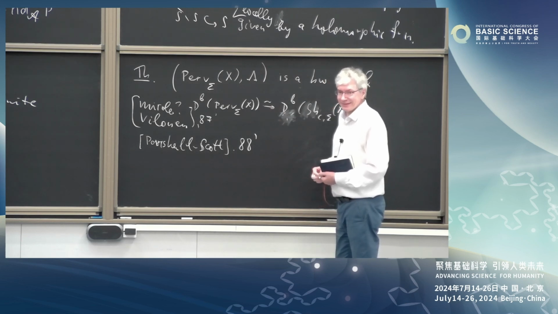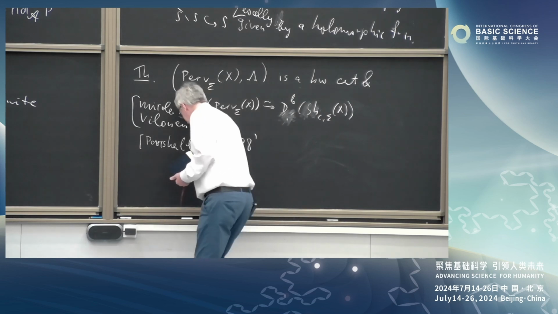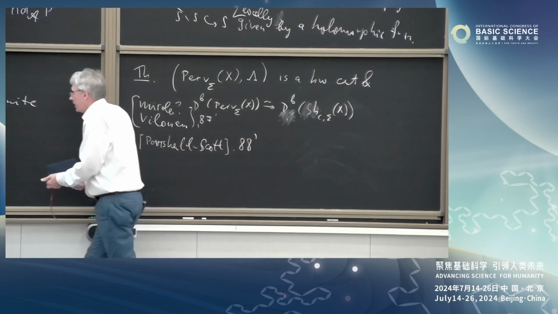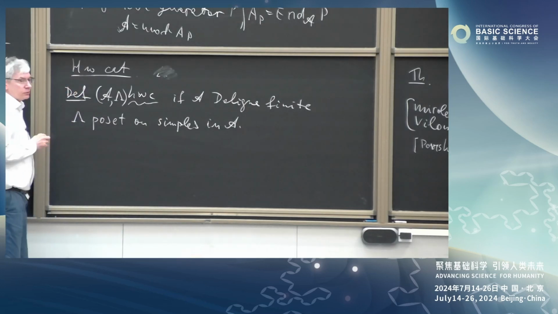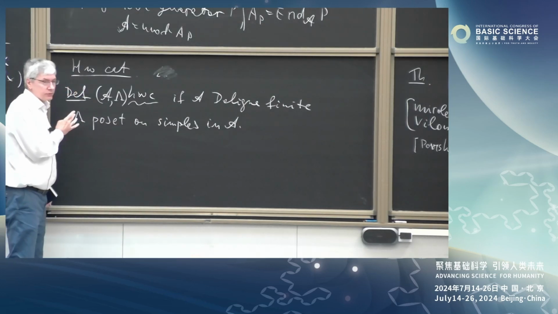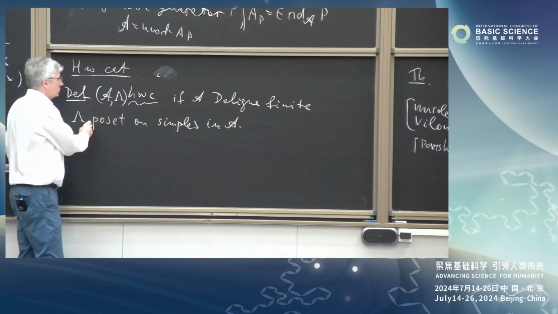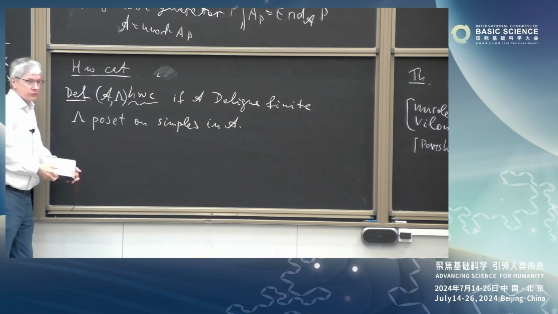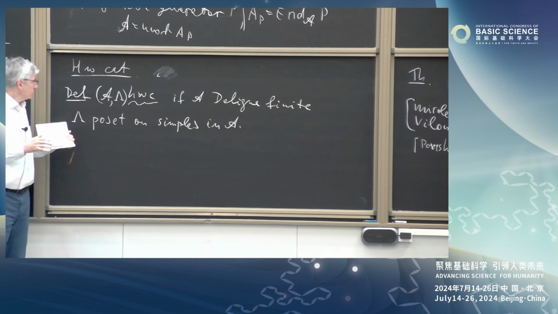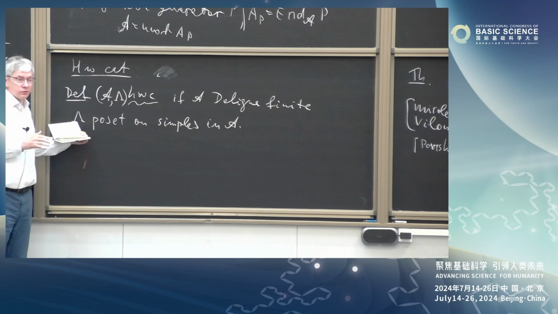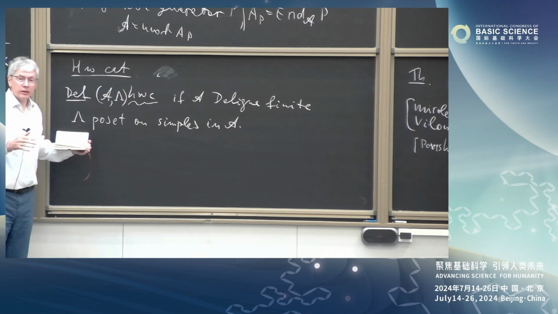And I announced the title of my talk is about highest weight categories. But a highest weight category is not about just an abelian category. It's an abelian category with some partial order on simples of this category. It might happen there are different highest weight structures depending on the poset structure, or it could be no highest weight category.